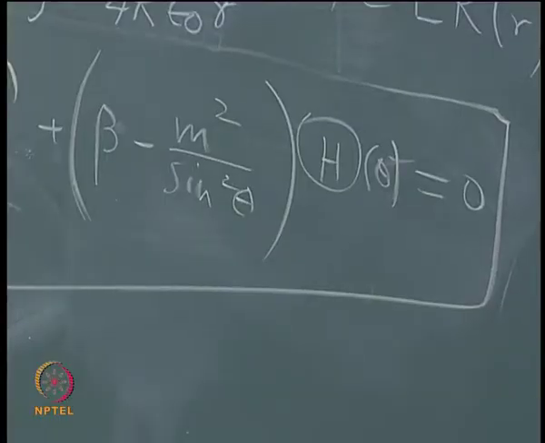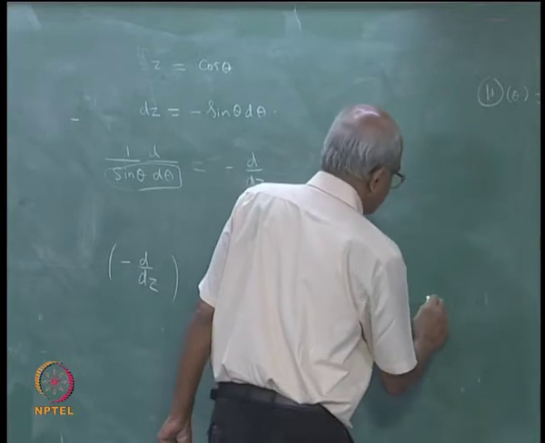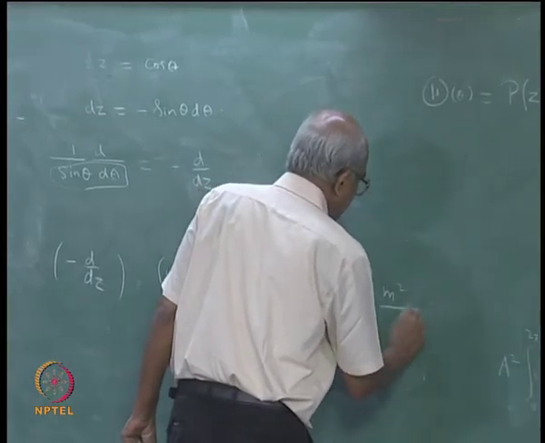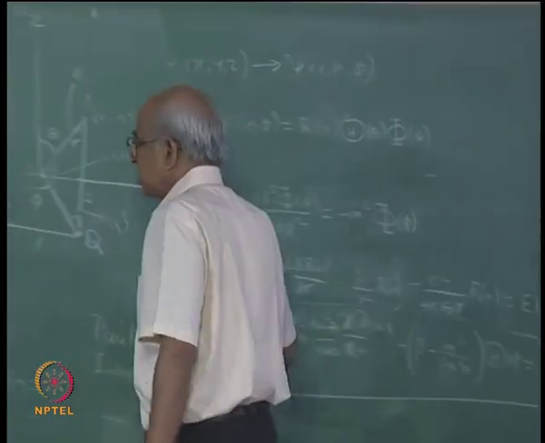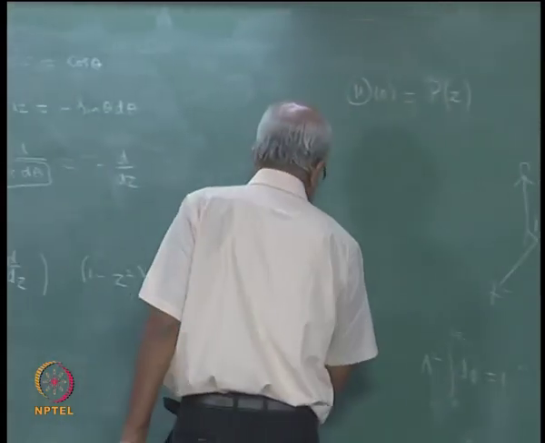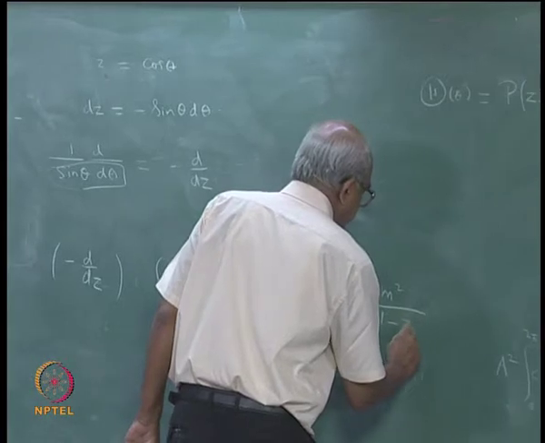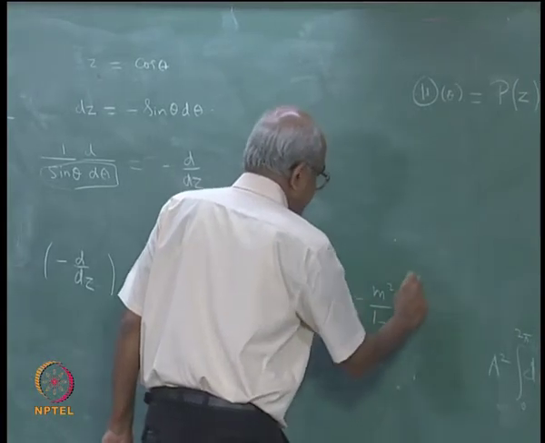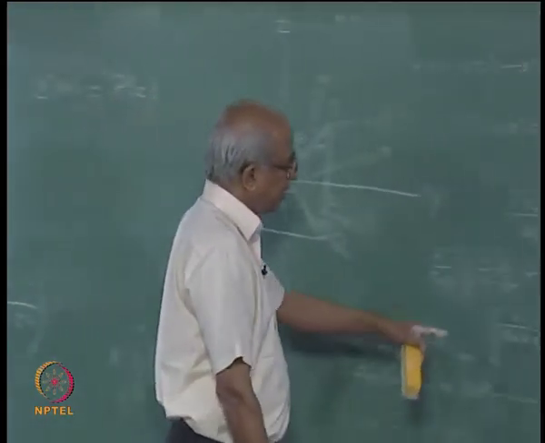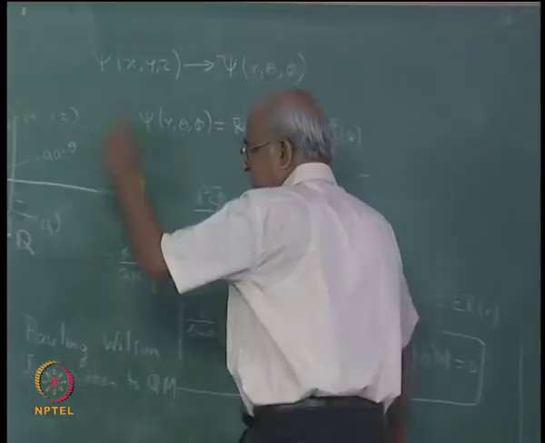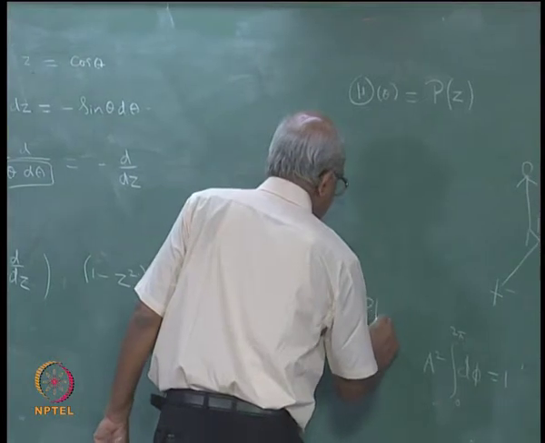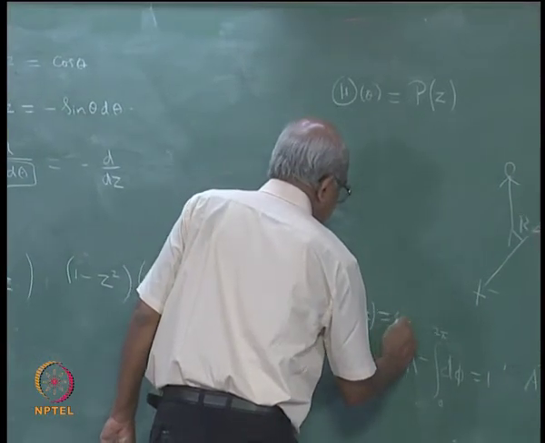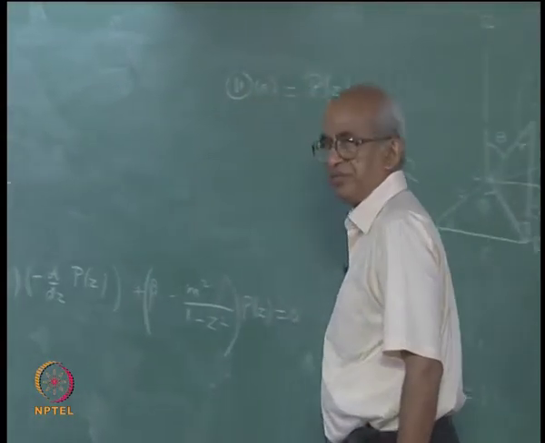The other part is going to be plus beta minus m square divided by sin square theta, which is nothing but 1 minus cos square theta, that is 1 minus z square, and then I have capital theta, which is my capital P. So, this is what happens to that equation.